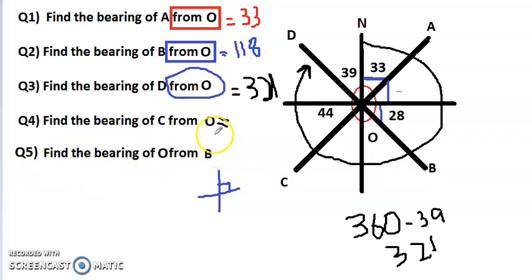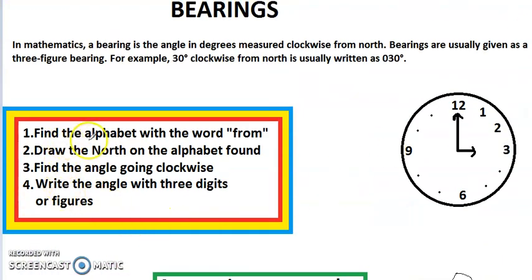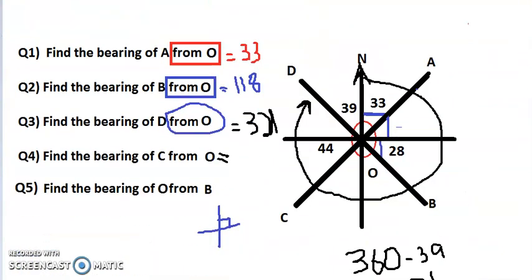Now as you remember, or as you can see, in all the questions below, O was with from, and therefore we did not need to draw any north because O was actually north. However, in this case the question says from B, and therefore according to our rules, find the alphabet and then draw north on the alphabet that you found with from. In this case we found B, so we will have to draw the line of north in front of B, right?